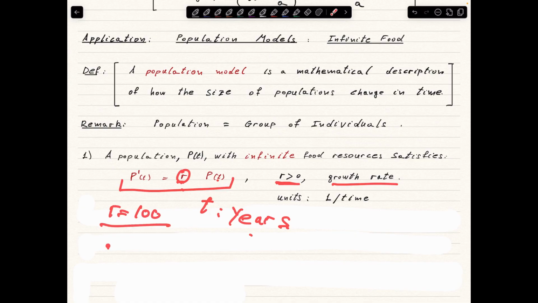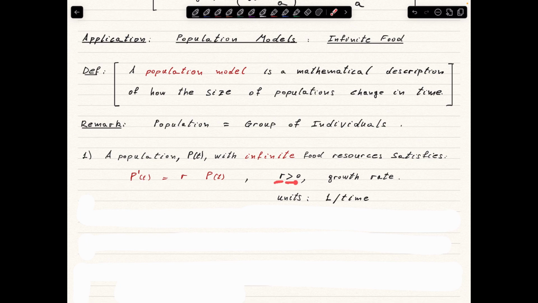Maybe for humans, it's 2. So that depends on what population we are studying. But for us, it's a constant that is positive. The value of the constant depends on the population, and the interpretation is the growth rate, as we can see here in the equation. And it has units of 1 over time, whatever unit for time you are using.